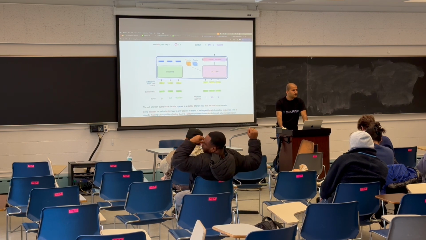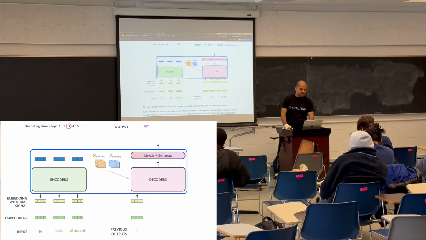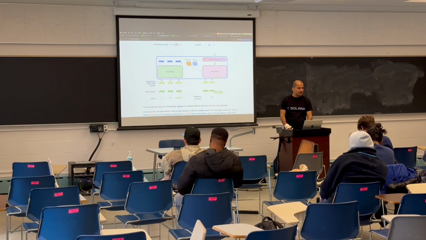We do update the decoder part, and because it's connected through this WK encoder-decoder and WV encoder-decoder, the gradients flow through that. So that's how they are learned. The encoder is not frozen.